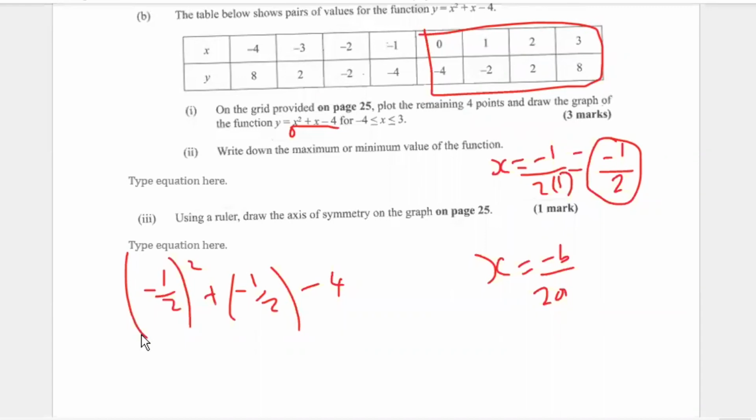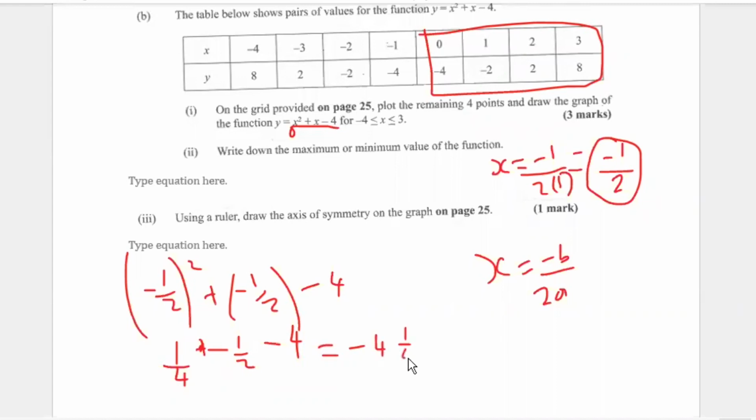Negative a half squared gives you a quarter, minus a half, minus 4. When you put that in your calculator, a quarter minus a half minus 4, our calculator gives us negative 4 and a quarter.